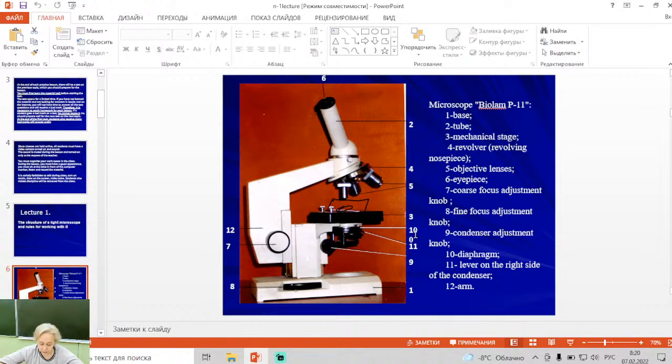The condenser adjustment knob, number 9, located anterior to the coarse focus adjustment knob, is used to move the condenser. When lowering the condenser, the lighting is reduced. When raising the condenser, the lighting is increased.